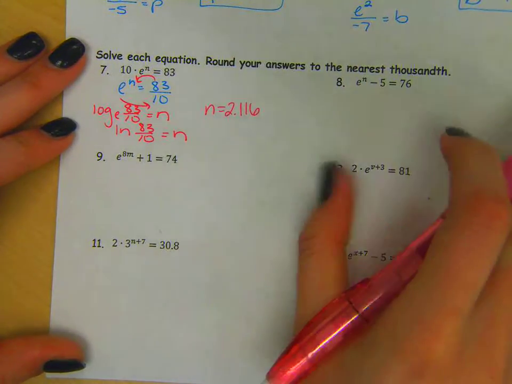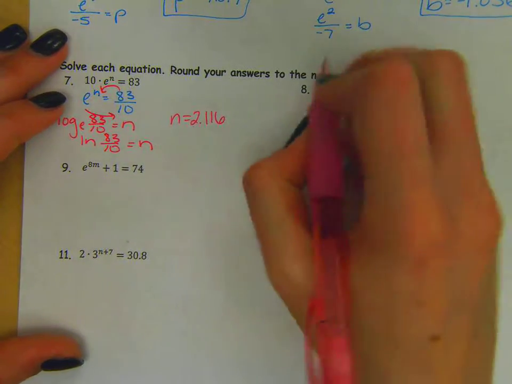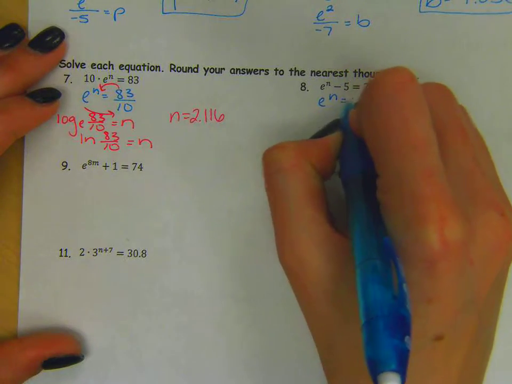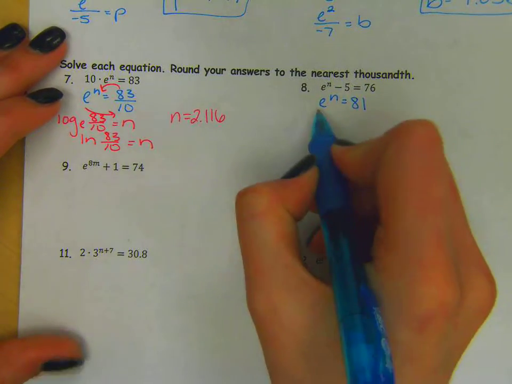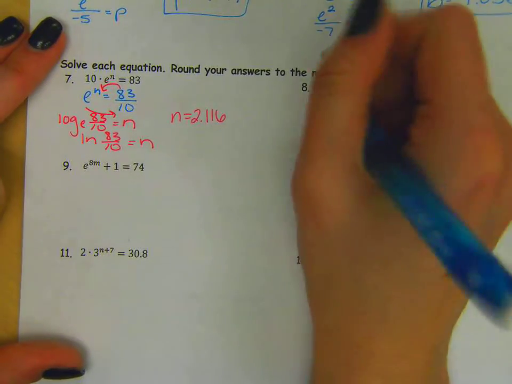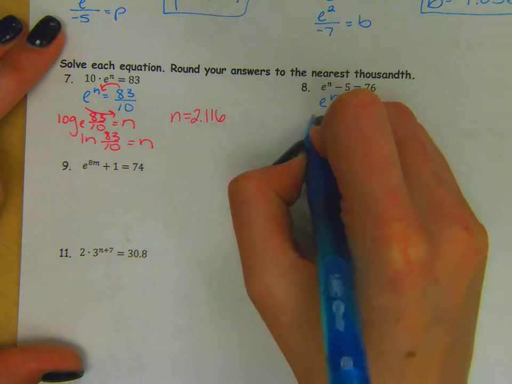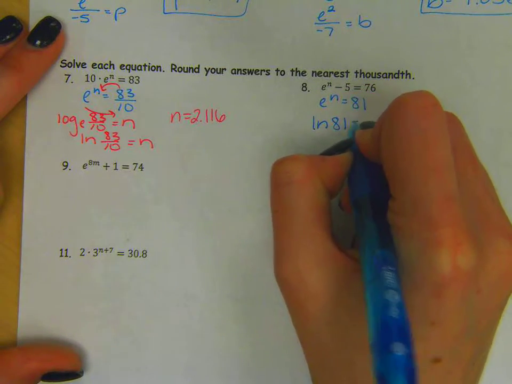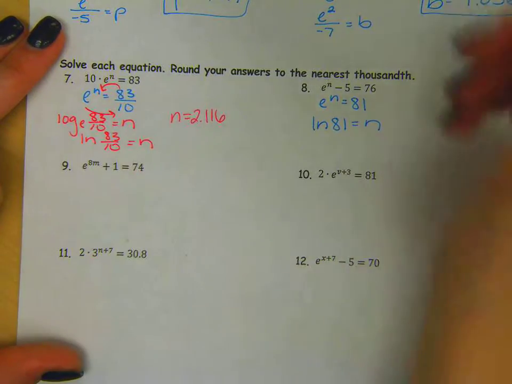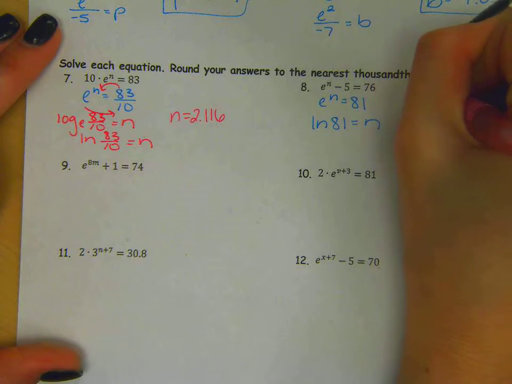All right, looking at number 8, again, I want my exponential portion to be by itself, so let's add 5 to both sides. So we're going to have e to the n equals 81. I want to convert this again into logarithmic form. When I have e to the n, I can just rewrite this, again, this is log base e, as the natural log of 81 equals n.